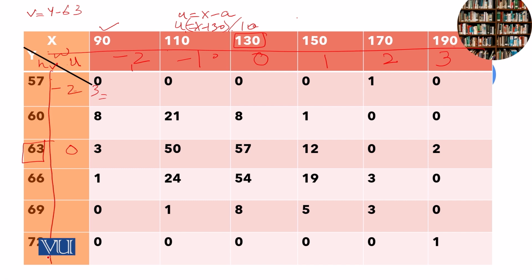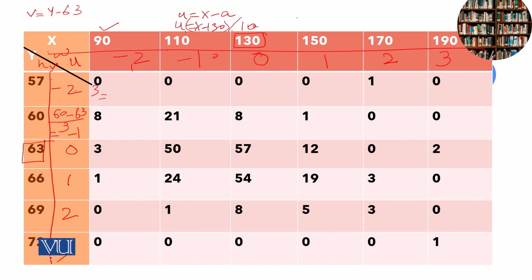The first value of v is minus 2. Next value, 60 minus 63 divided by 3, so the answer is minus 1. Next is 1, 2 and 3.